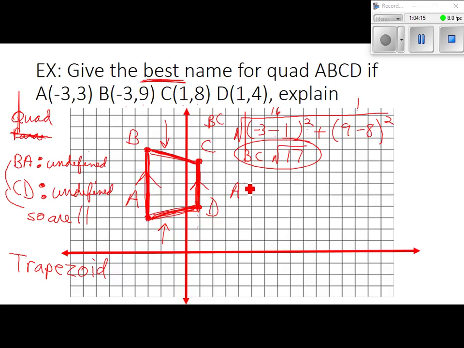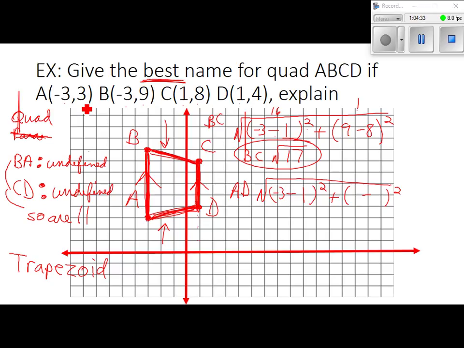So segment AD, use the distance formula again. For A and D, the x-coordinates are -3 and 1.